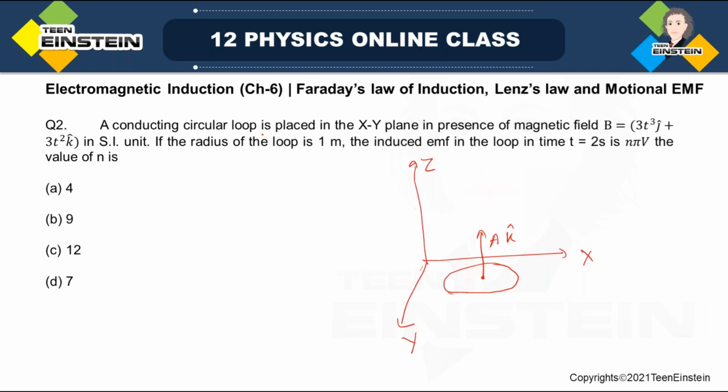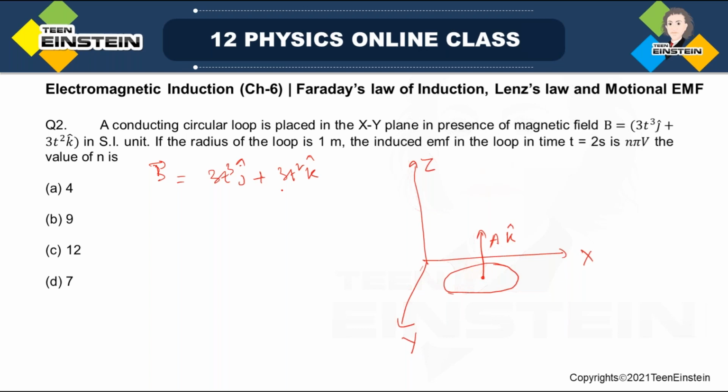So there is a conducting circular loop placed in the xy plane, and the magnetic field B is given. The magnetic field is 3t cube j cap plus 3t square k cap.